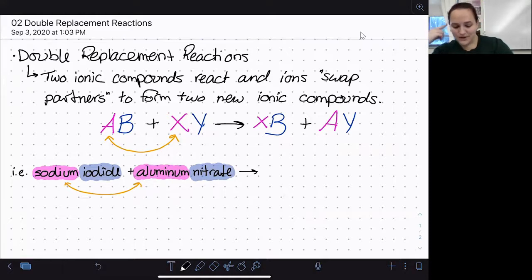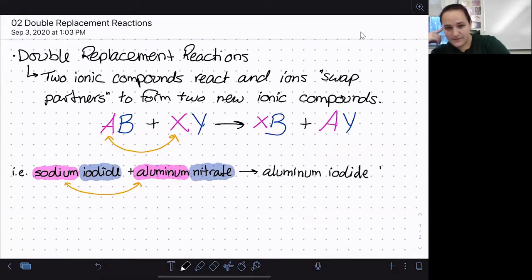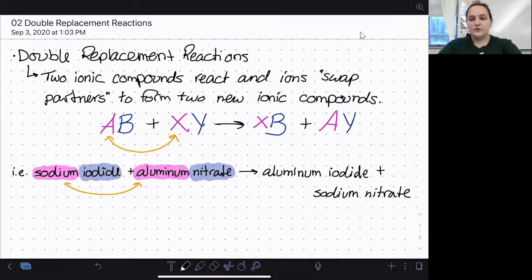So aluminum will end up with iodide. So our products will be aluminum iodide. And sodium will end up with nitrate. So we can say that sodium iodide and aluminum nitrate will react via double replacement to form aluminum iodide and sodium nitrate. Now we can translate this into formulas.